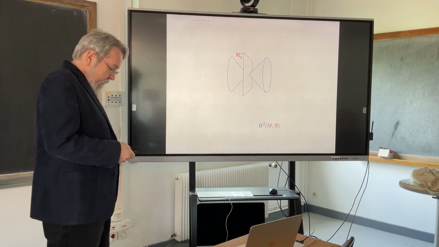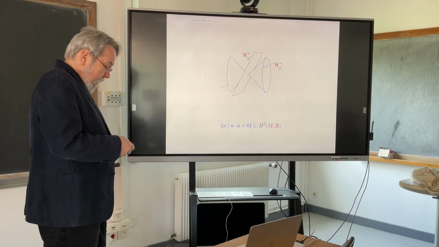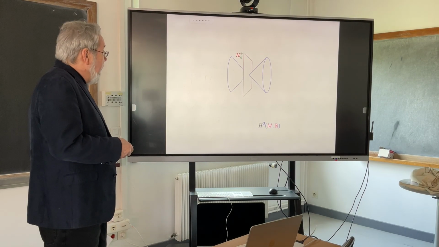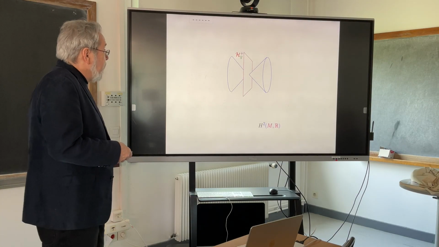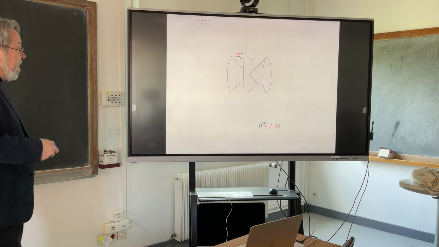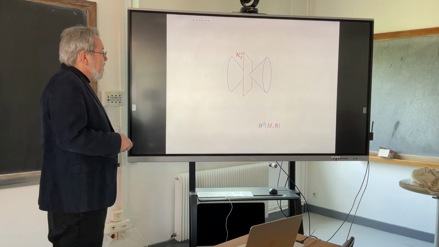But in particular, these are perpendicular to each other with respect to the intersection form, and so you might as well just keep track of one, the self-dual subspace. The dimension of this subspace is b plus of the manifold, which is independent of the metric, but the particular subspace you get depends on the metric.